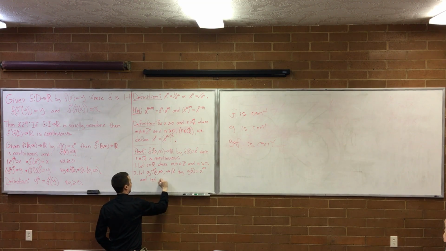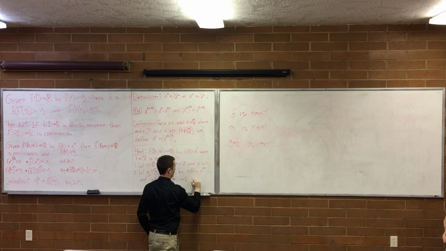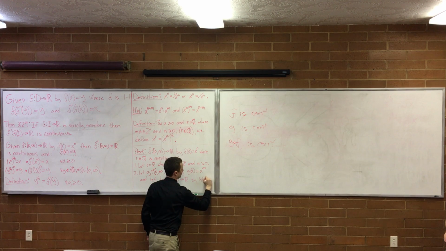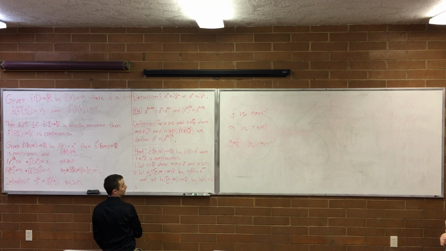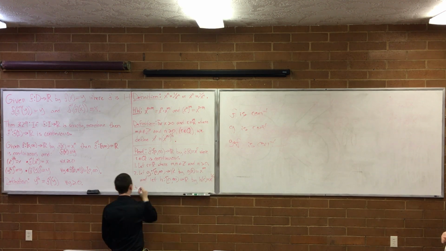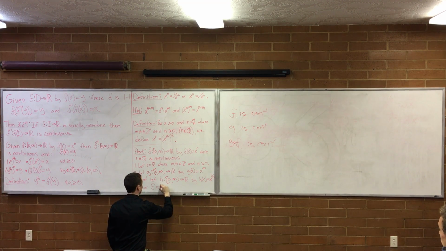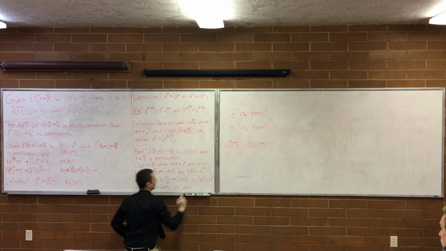And let h from 0 to infinity to R be given by h of x equals x to the 1 over n. And f is equal to h composed with g, which is continuous, right?